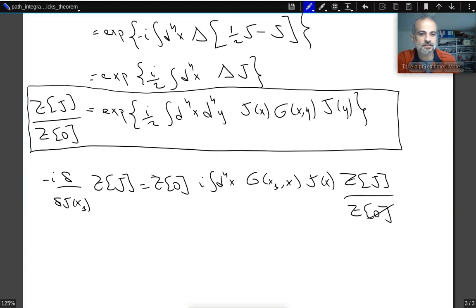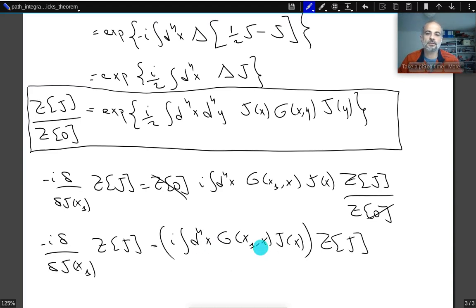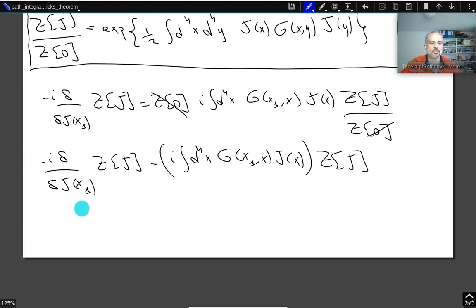These will also cancel. So the derivative of Z of J with respect to J of x1 will be i d4x G of x1 x J of x Z of J. So it essentially brings down such a factor in front of Z if I take the derivative with respect to J.